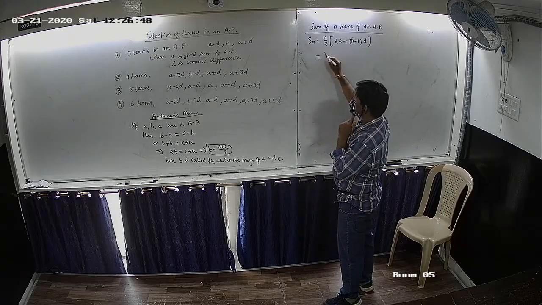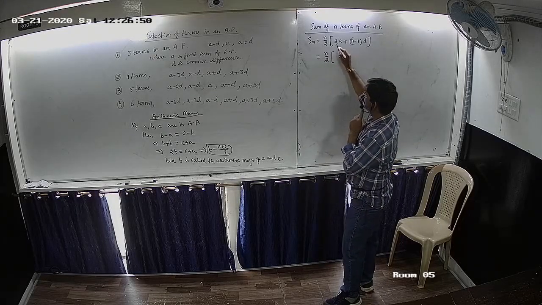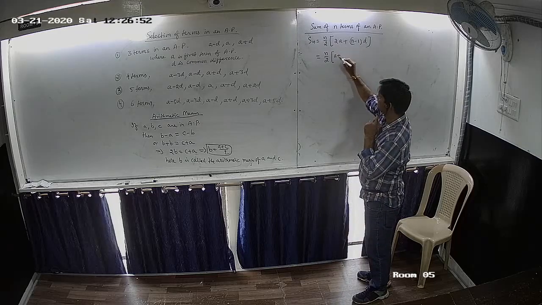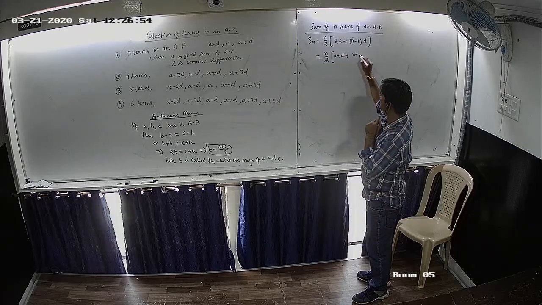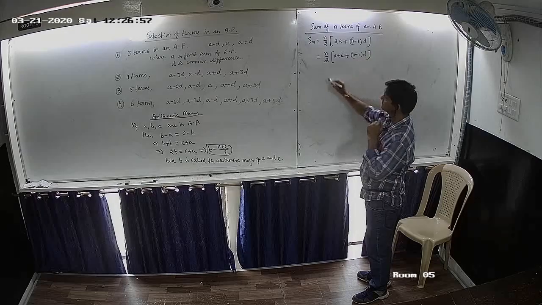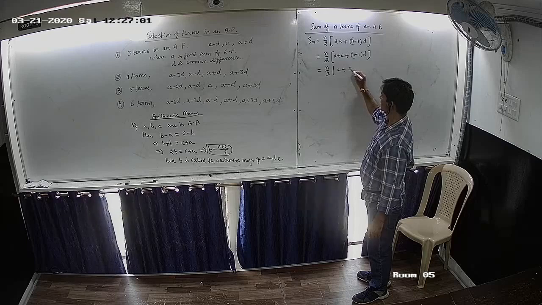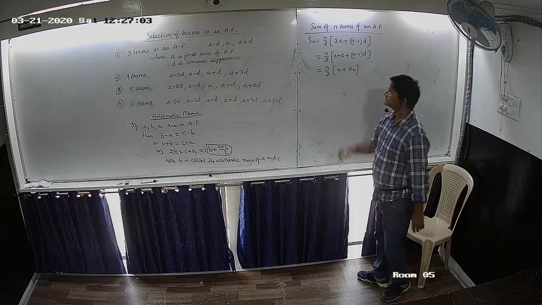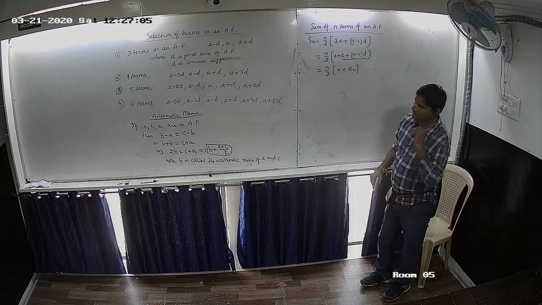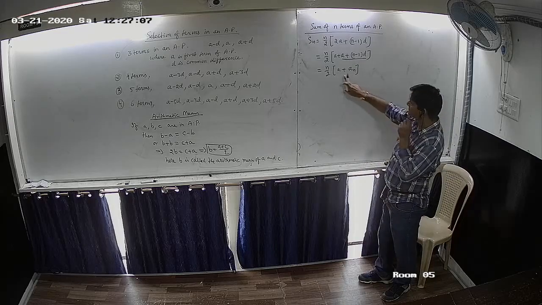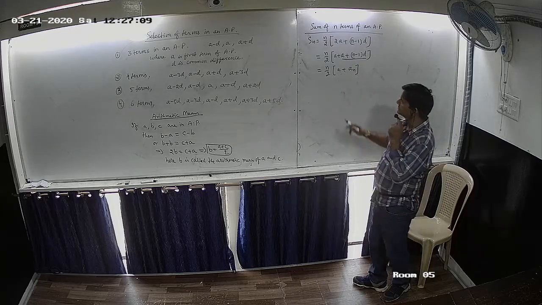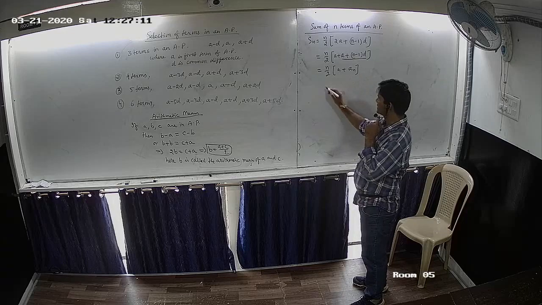This further can be written as n by 2 into a plus a plus n minus 1 into d, that is the nth term.